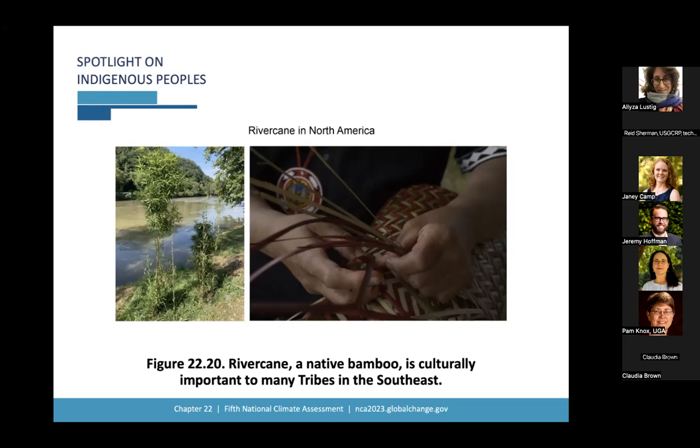River cane was once abundant, and is now critically endangered at just 2% of its original range. It provides food, textiles, basketry, wildlife habitat, medicine, hunting tools, and musical instruments. River cane as a case study provided an excellent example of a species that is both threatened, but where restoration by tribal communities is actively taking place.